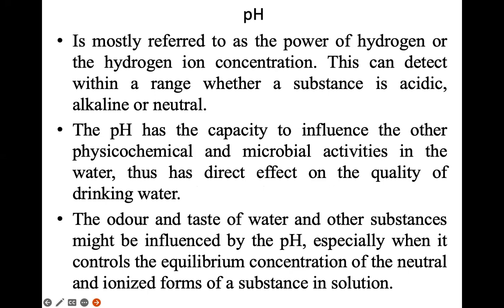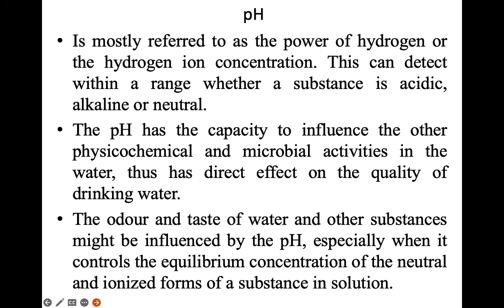Normally, you would realize that pH refers to the power of hydrogen or hydrogen ion concentration in the given water body. So normally on the pH scale, we have pH of 1 to 7 being acidic, 7 being neutral, and then 8 to 14 being basic.